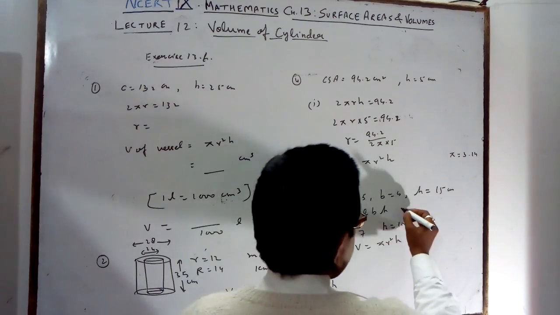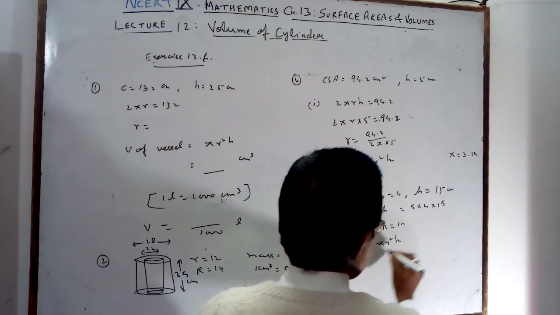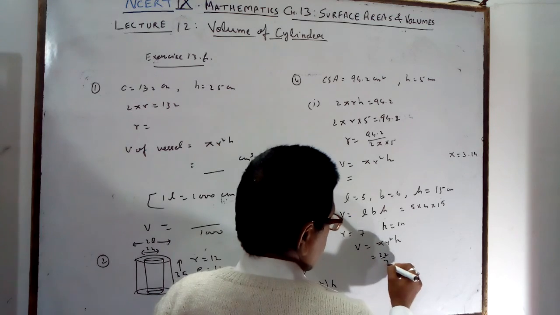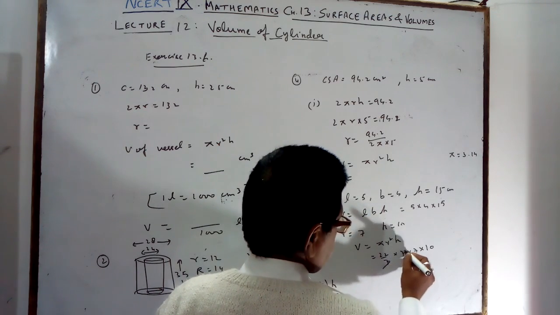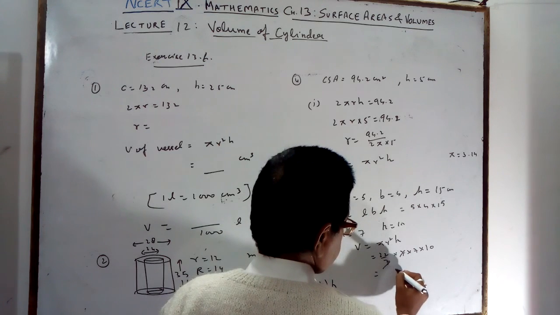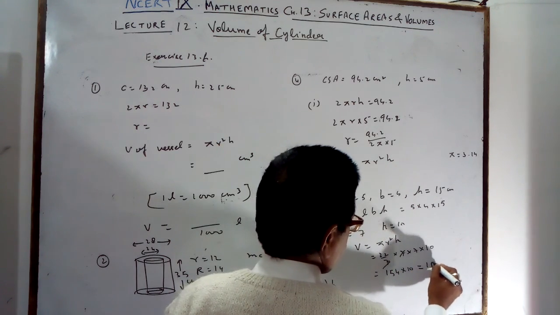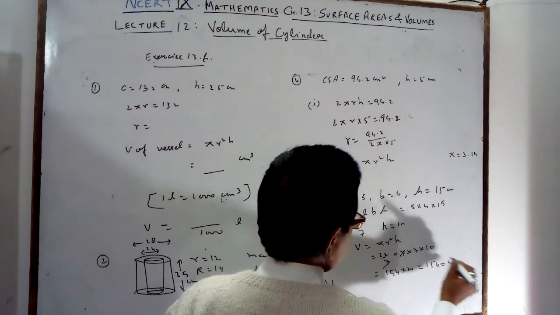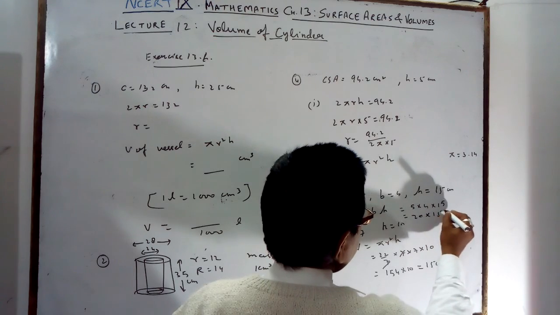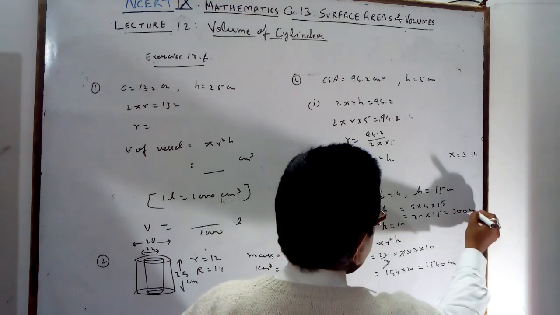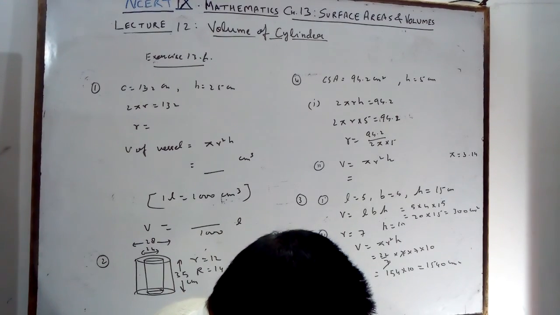Both you calculate. 5 into 4 into 15, that is 300 centimeter cube. For the cylinder, 22 by 7 into 7 into 7 into 10, you get 1540 centimeter cube.